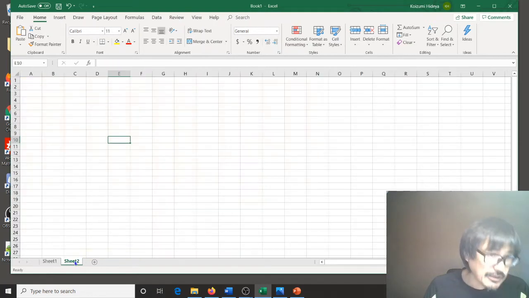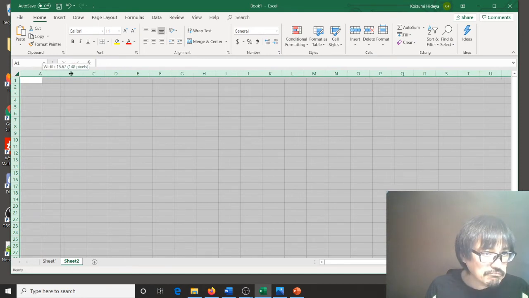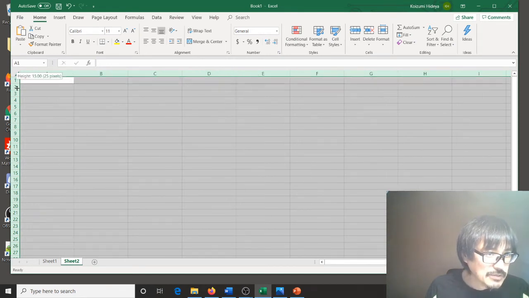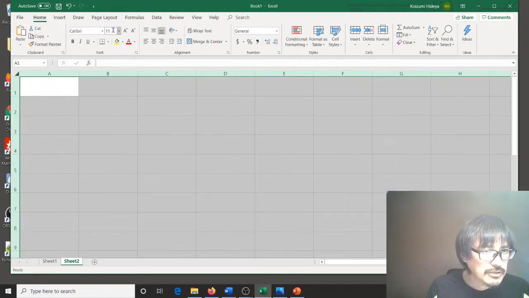I'm gonna click that one, then I get a brand new sheet. Sheet 1 is always there, you can always go back, but sheet 2, I'm gonna use it for this particular program. The same as the previous one, my eyes are so bad that I gotta change to a bigger font. I'm gonna use 18 so that I can see something from here.